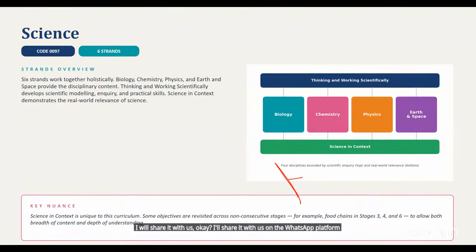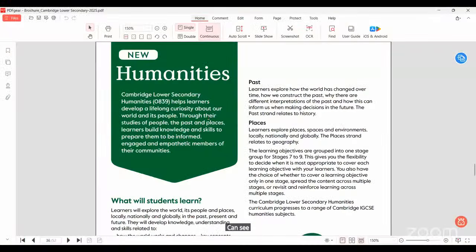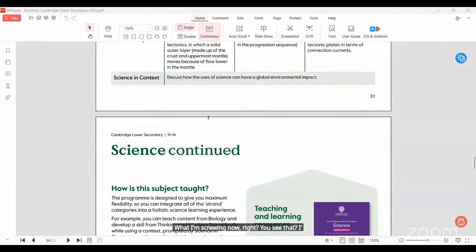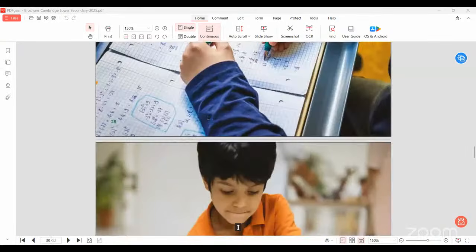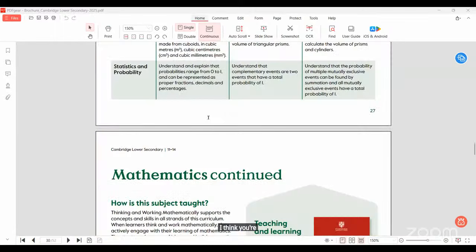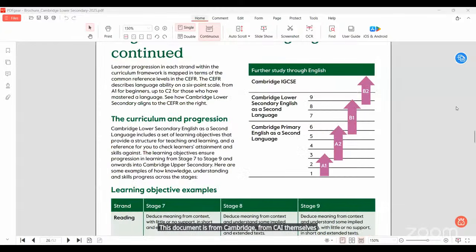Where are we now? Don't go away yet. You can see what I'm sharing on the screen, what I'm scrolling on, right? This document is from Cambridge, from CAIE themselves. Don't forget, I don't work for them.